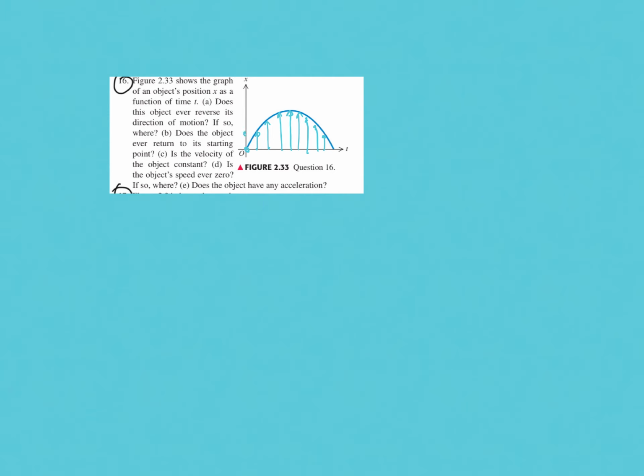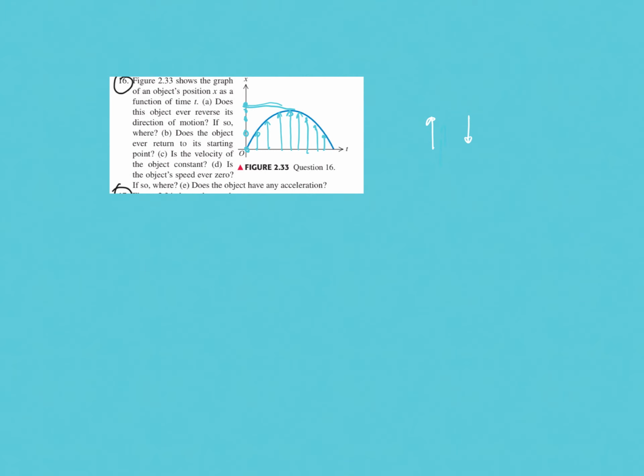So the object was here, later on was here, later on was here, and after that he comes back. So his velocity in the first half of the trip is going up. And later on the velocity is going downwards, coming back to the 0.